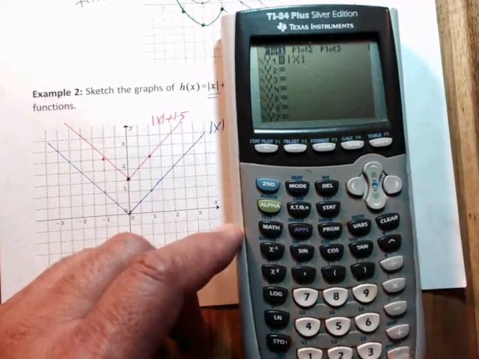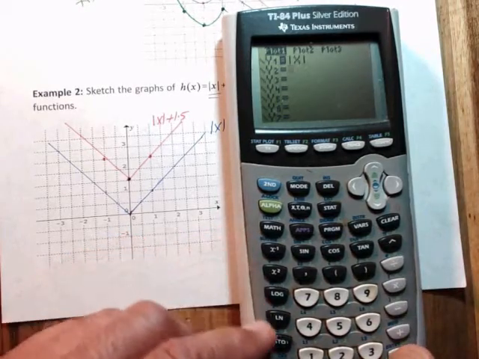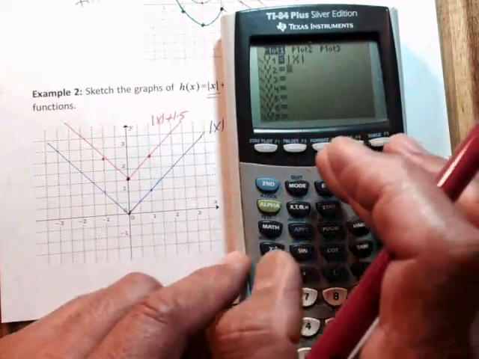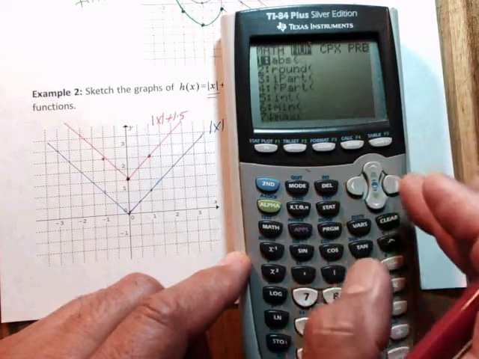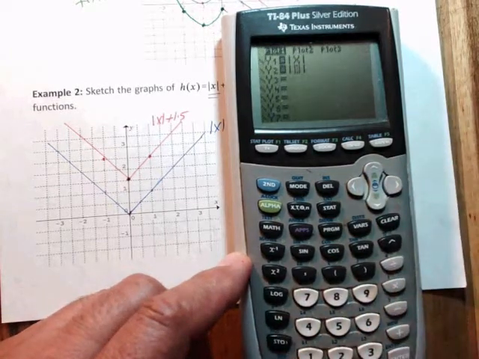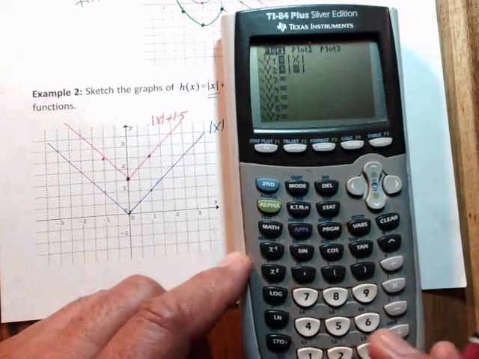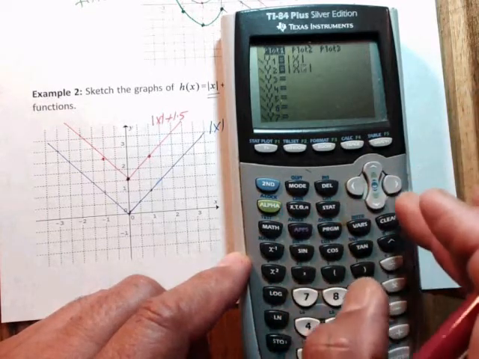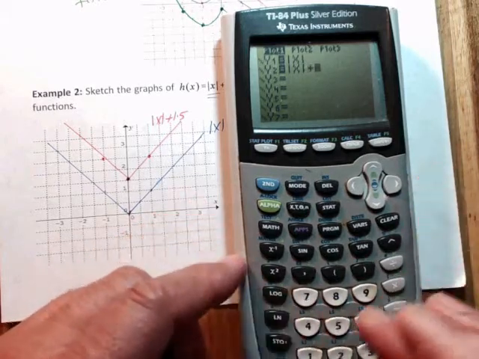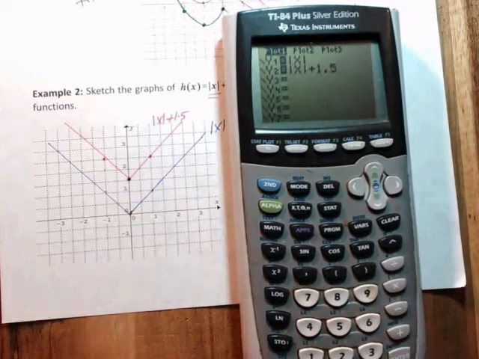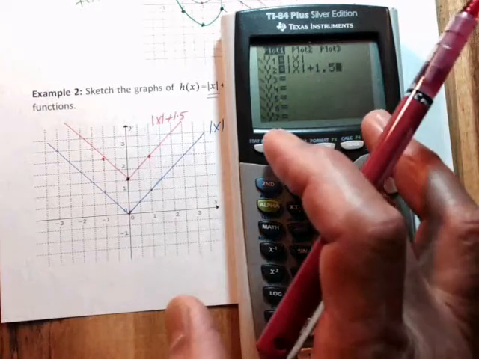Then I go to the second line, I do absolute value of x again, math, go to numbers, absolute value of x, and then move this cursor out, plus 1.5. And I look at my window to see how it looks.